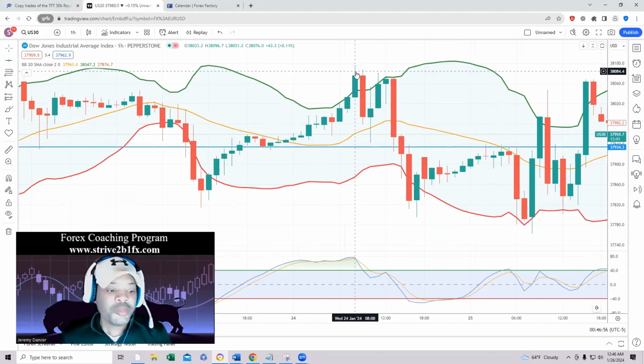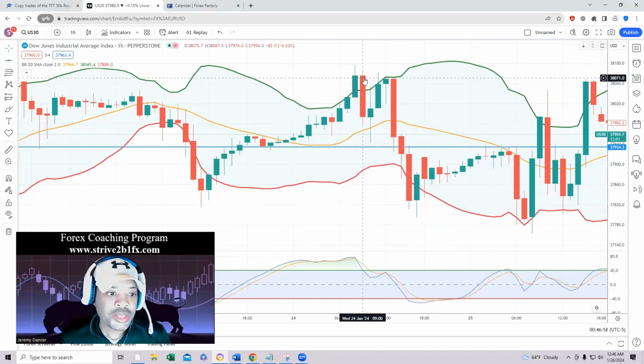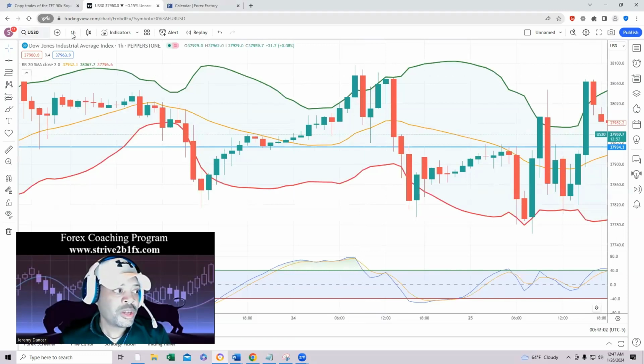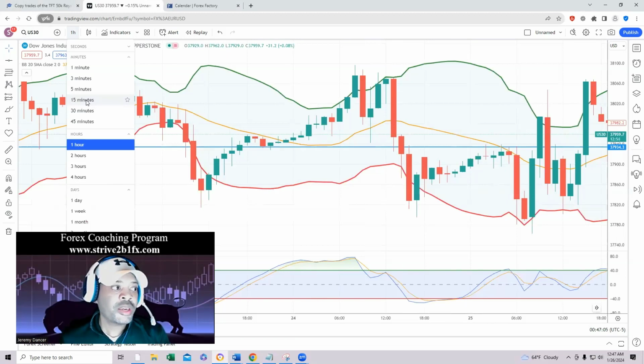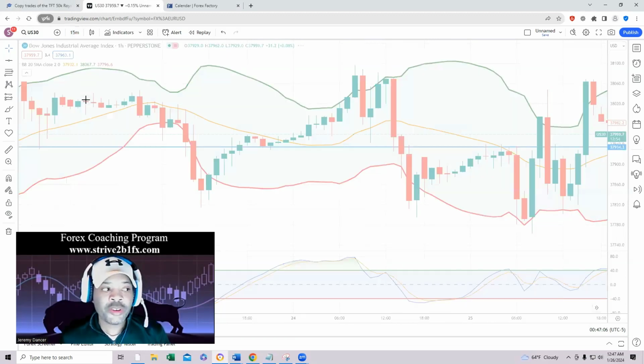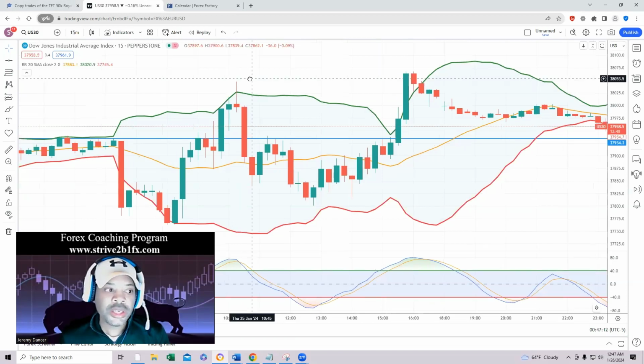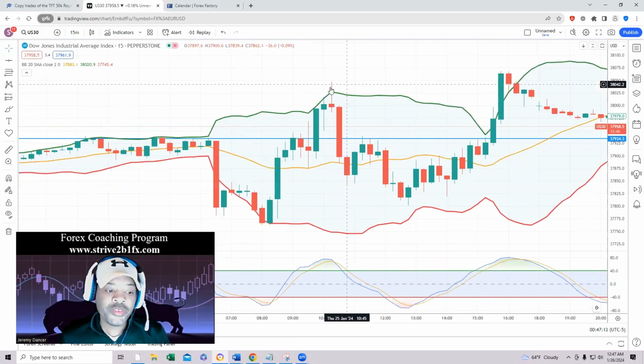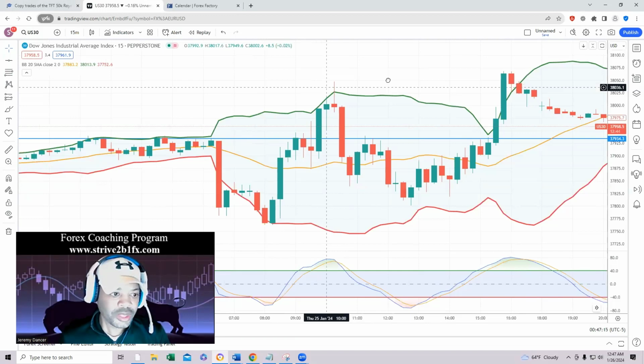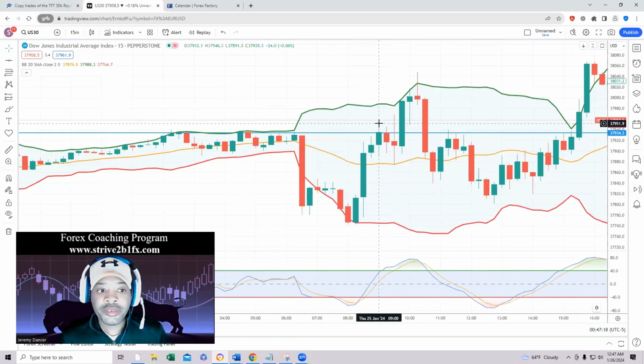All right. So as you can see here, let me change to the 15-minute chart. That's also very important when it comes to US30. My recommendation is to trade off of the 15-minute time frame, and that's because of the times of the day that this is most effective.